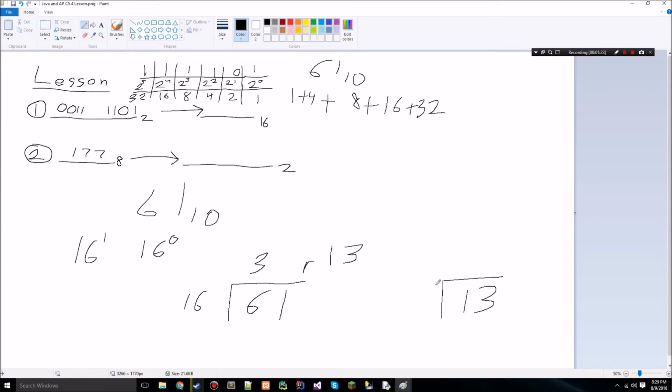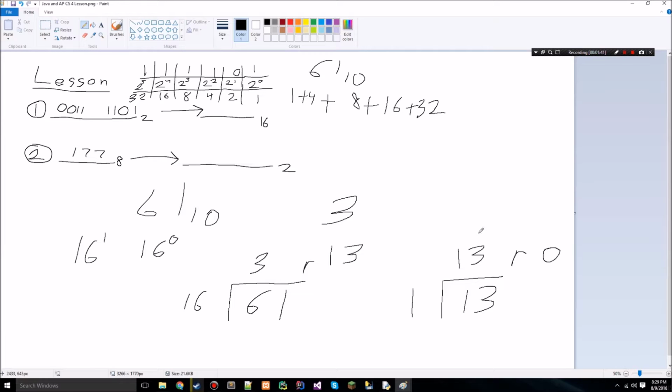So we divide by 1, and we get 13 divided by 1, we get 13. Remainder 0. So we have 3, and then 13.